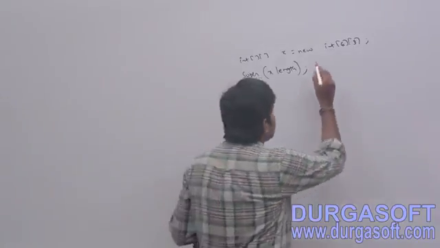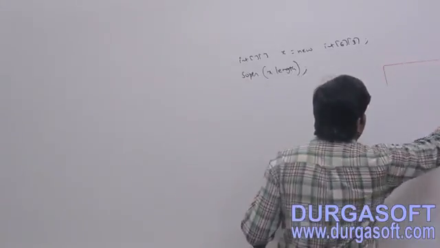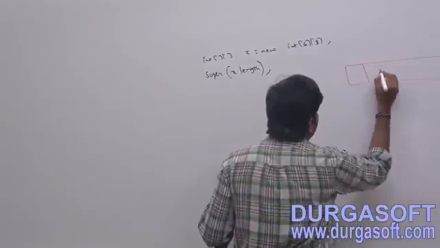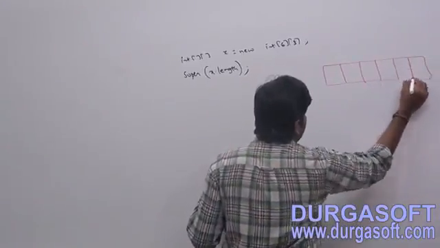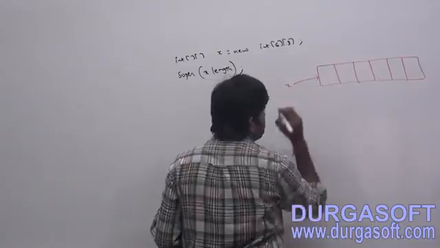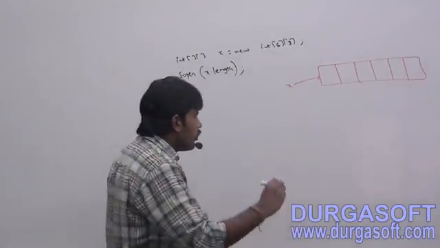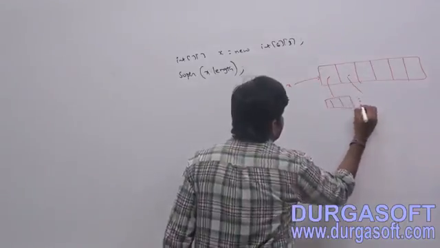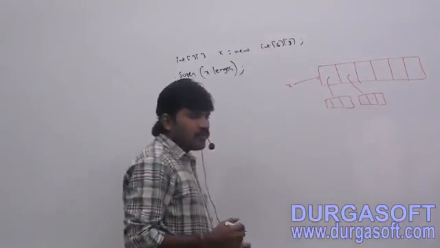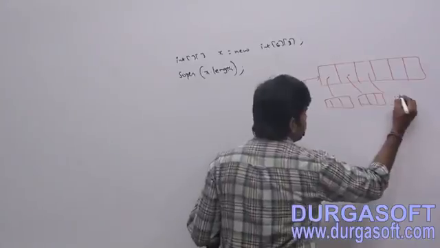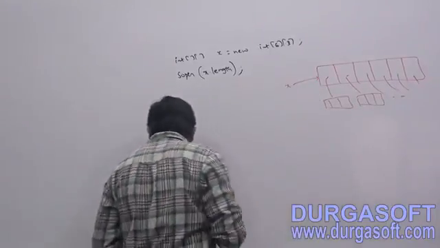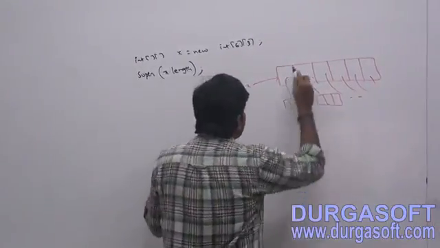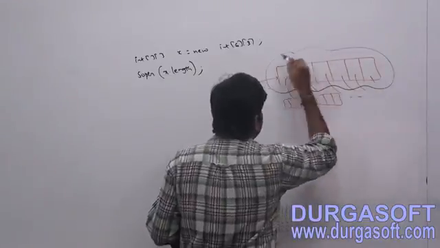Even though it is a two-dimensional array, basically it is a one-dimensional array only, of size 6, where every element is of size 3. So X is basically a one-dimensional array only.